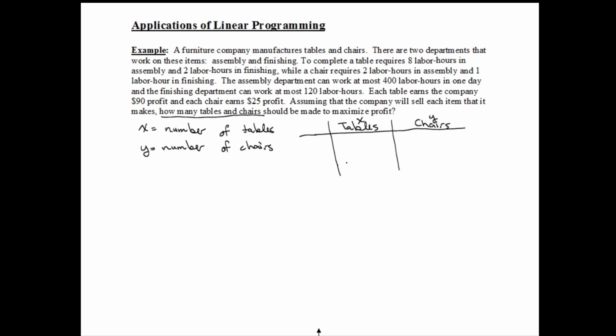Just makes it a little bit easier to write the constraints. We know about assembly for each of these, and we know about finishing for each of these. So assembly and finishing. We also know about profit for each of these.